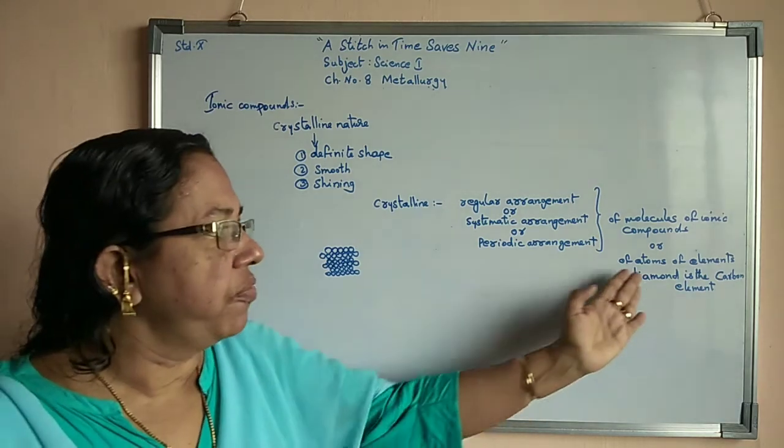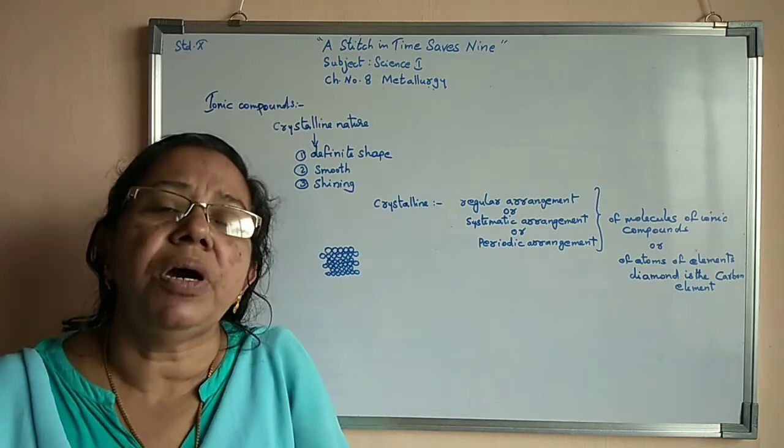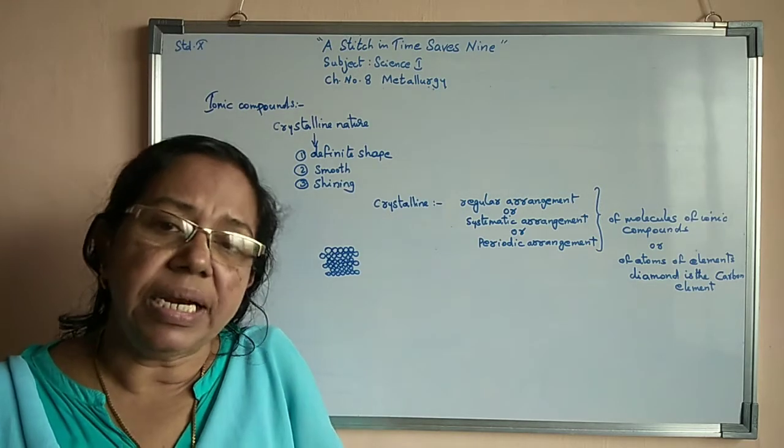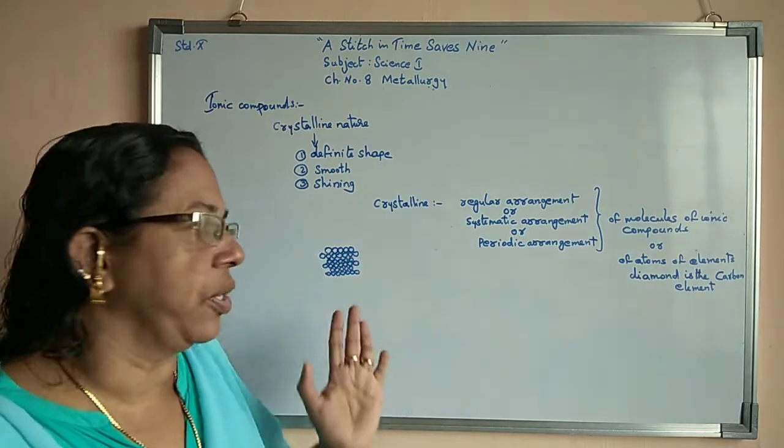In the case of diamond, it is formed with atoms, and similarly their arrangement also has a definite pattern. This is one example I told you.